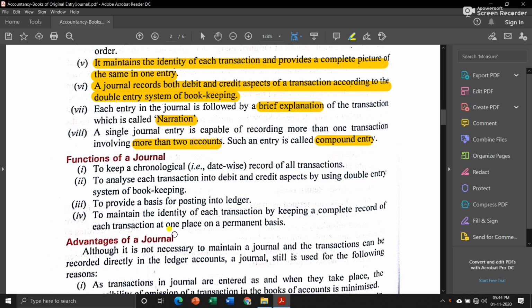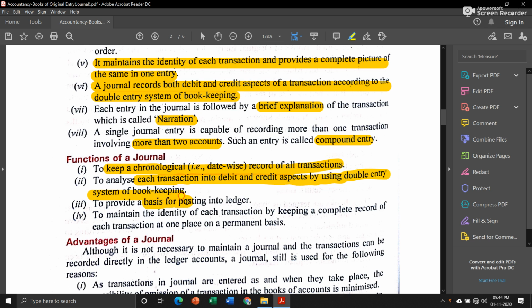Now what are the functions of the journal? Its first function is to keep a chronological record of all transactions, then to analyze each transaction into debit and credit aspects by using the double entry system of bookkeeping, because you can find out which account was debited and which account was credited through the journal.